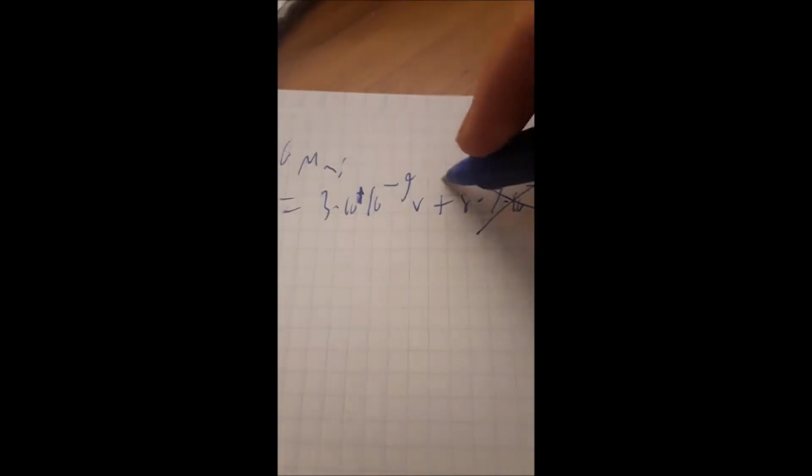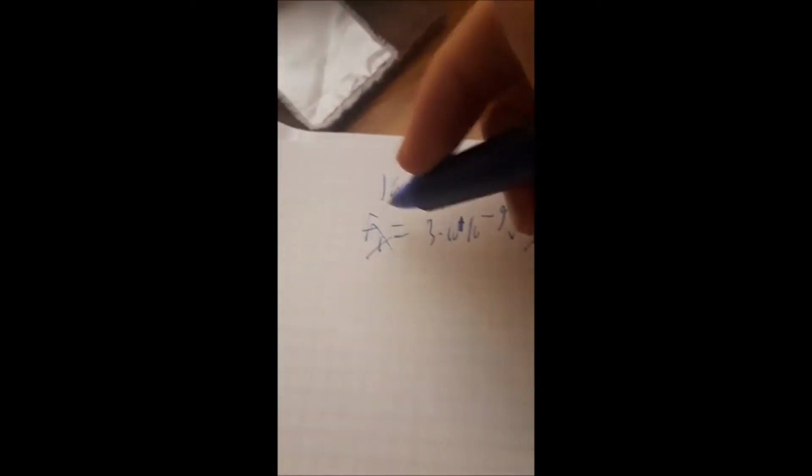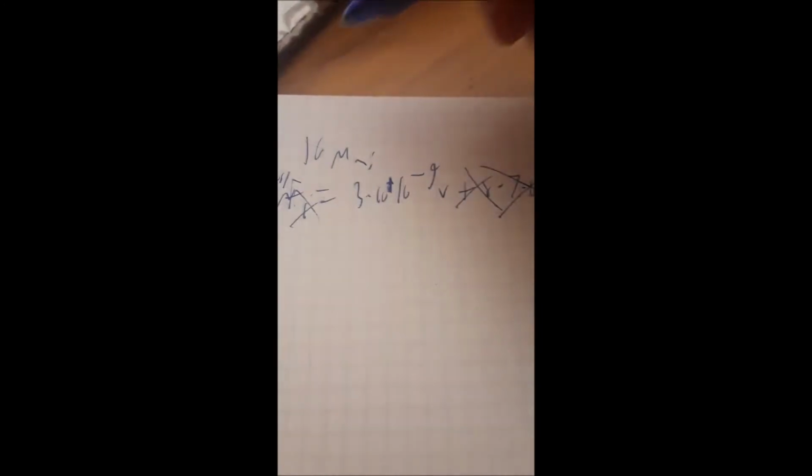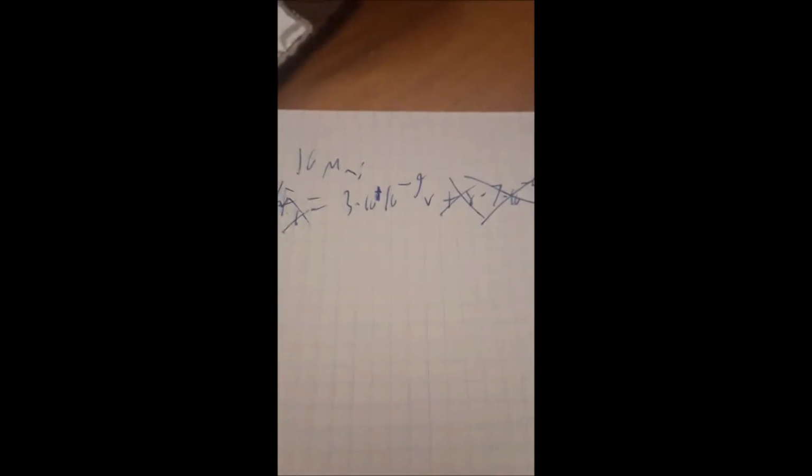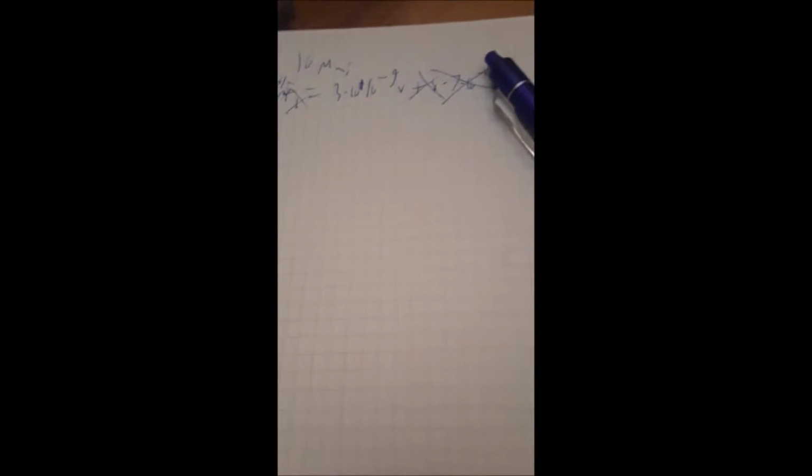We'll just completely ignore the second term, as we can already tell from the first term that the second term is going to be negligible at this scale. Solve for V.